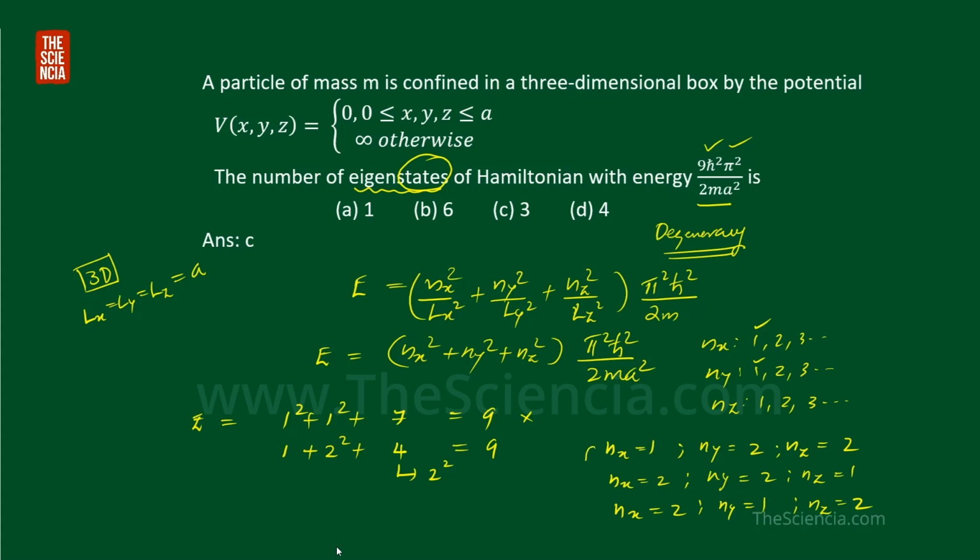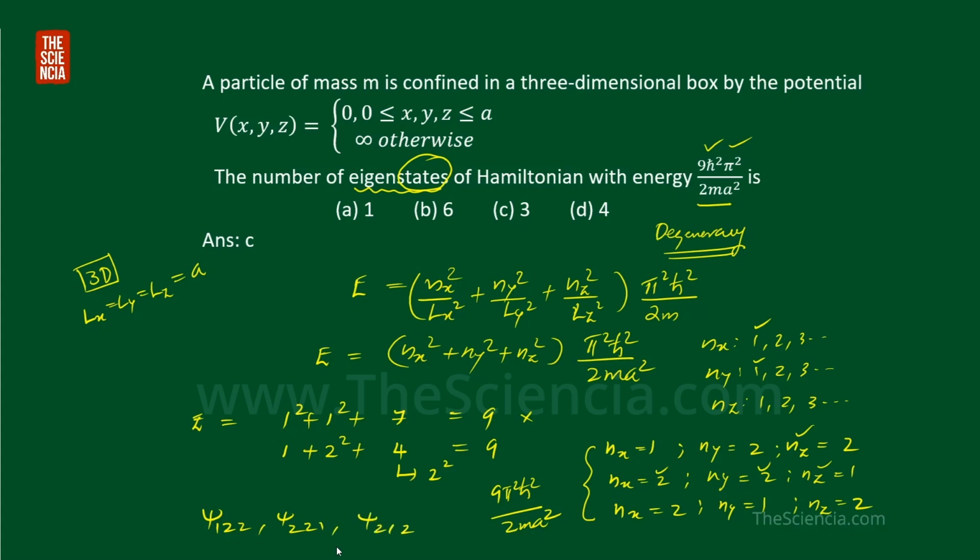So for these 3 combinations, the energy is 9 pi square h square by 2ma square. That means there are 3 states: one is psi with nx equal to 1, ny equal to 2 and nz equal to 2. Another wave function, or state, is psi with nx equal to 2, ny equal to 2 and nz equal to 1. And the other combination is psi 2, 1, 2.